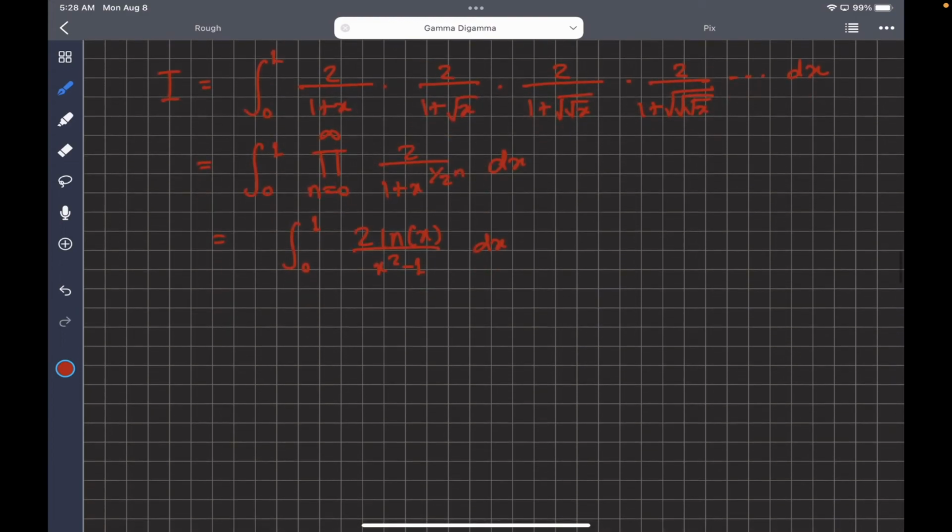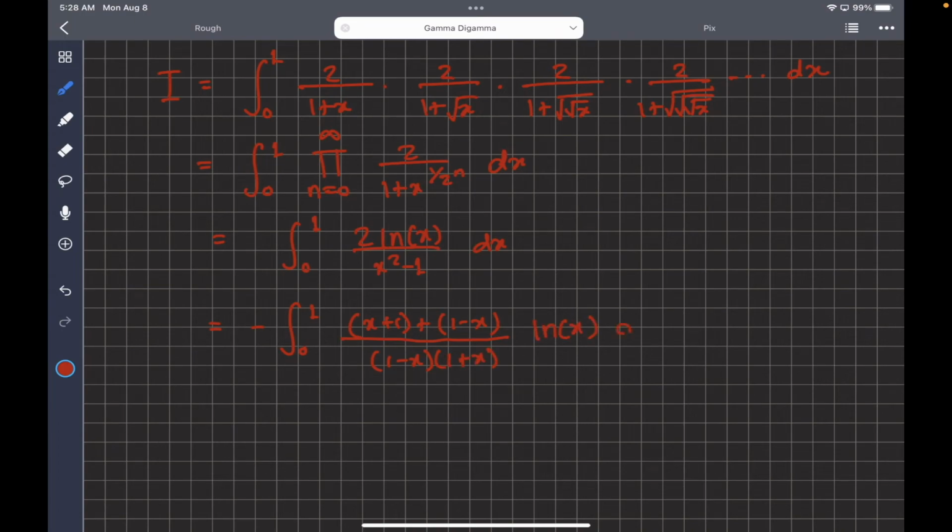We know what this is according to our formulas that we derived. 2 times natural log of x over x squared minus 1 dx. What we can do is quickly, and I'm going to skip lots of steps, just write this 2 by adding a minus as x plus 1 minus x. Where did that additional minus sign come from? It came from the denominator, which I will choose to write as 1 minus x times 1 plus x.